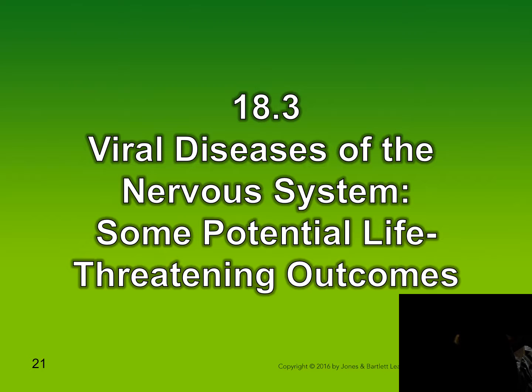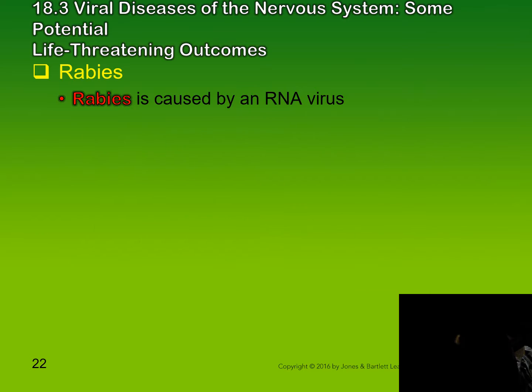Okay, viral diseases of the nervous system, and here again, these can be some very life-threatening diseases. First disease is rabies. Rabies is caused by an RNA virus, and both domestic and wild animals can be carriers.